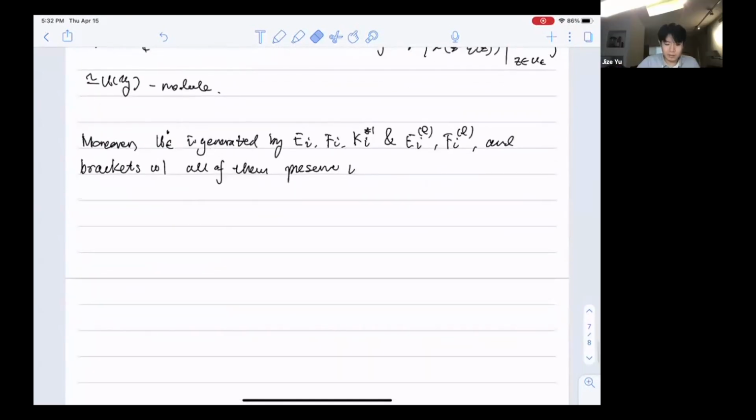Right, so their brackets preserve the small quantum group. This is by a result of Lusztig.